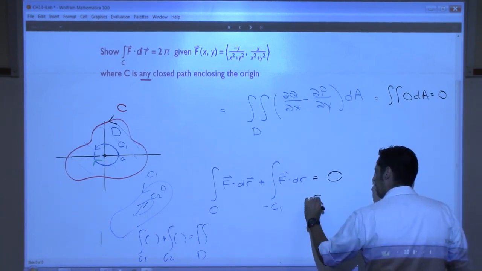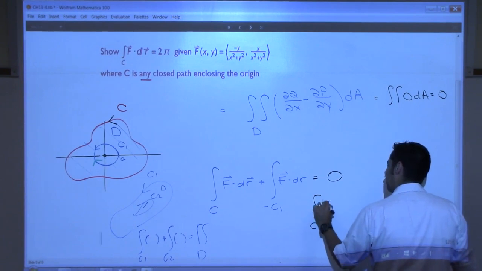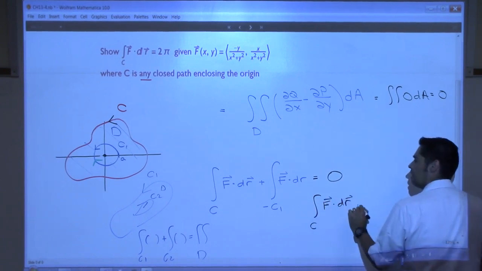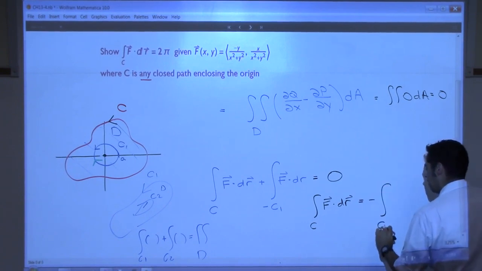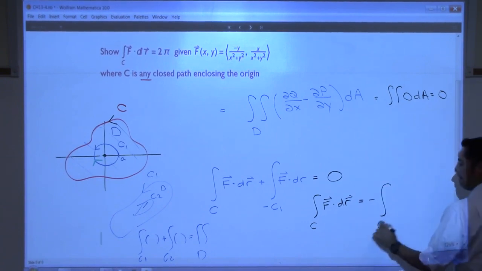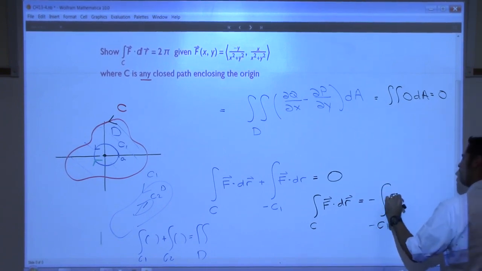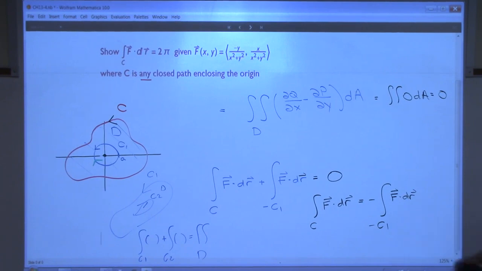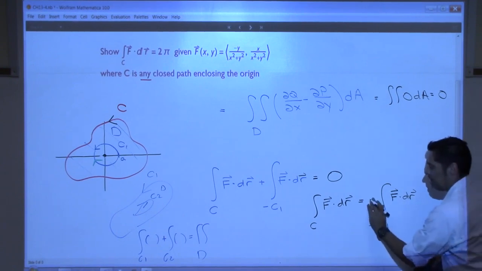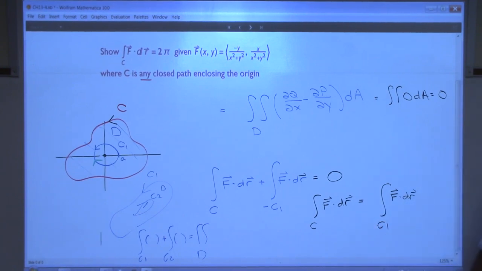So the line integral over c of f dot dr is equal to the negative of this, right? Yes? But taking the negative of this is the same as reversing the direction. So why don't I erase that negative and make that that?